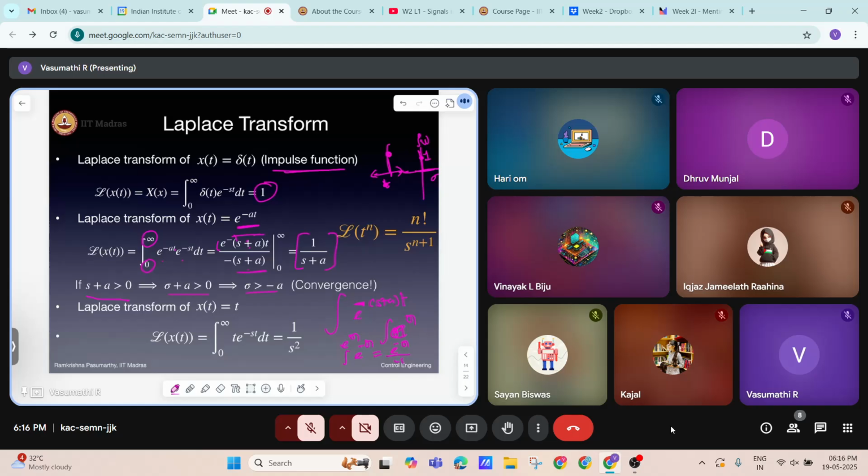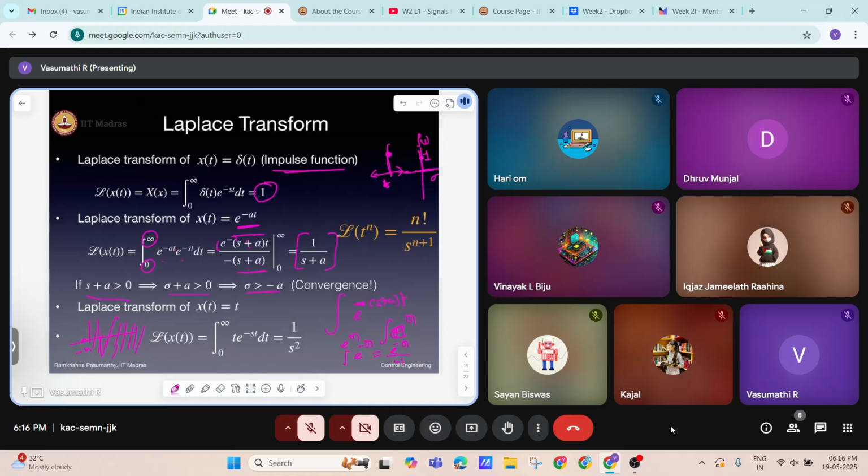So when sigma is greater than minus a, then this domain will be positive.